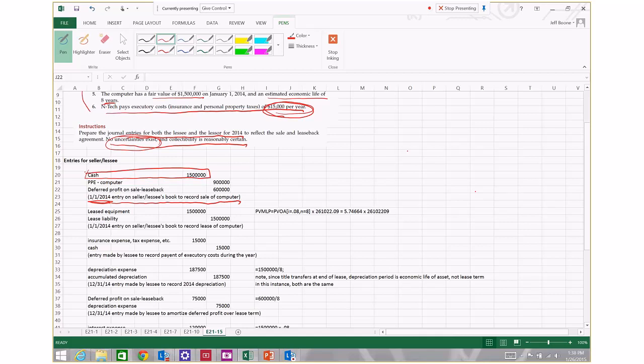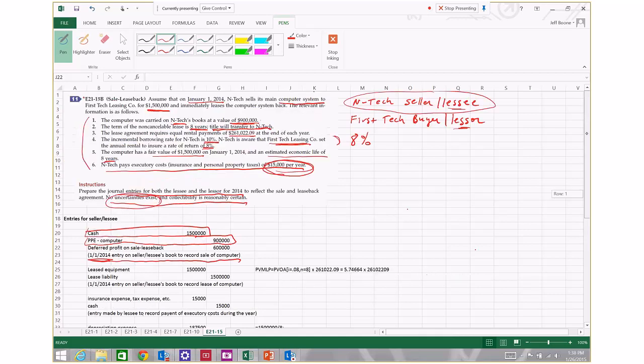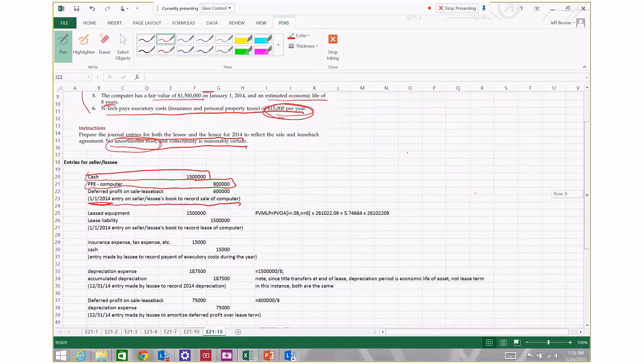So they're going to debit cash for $1.5 million. Now that computer equipment, according to the facts of the problem, was carried in their accounting records at $900,000. So they're going to credit property, plant, and equipment, computer, for $900,000 in order to remove from their accounting records that computer that they just sold to First Tech leasing company.